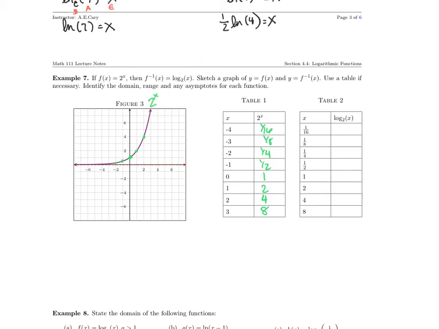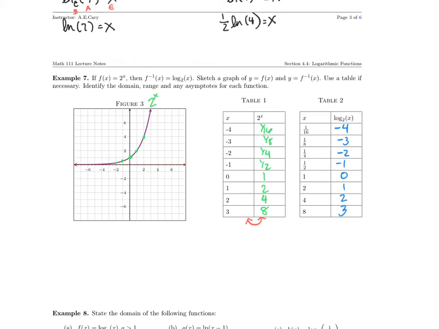Now, just like it mentioned, log base 2 of x is the inverse of 2 to the x. So remember, when we're dealing with inverses, you're going to switch your x's and your y's. So you'll notice that for table 2, all of the y values that we just came up with are now the x values, and all of the x values from our original table, or table 1, are now going to be all of our y values here.